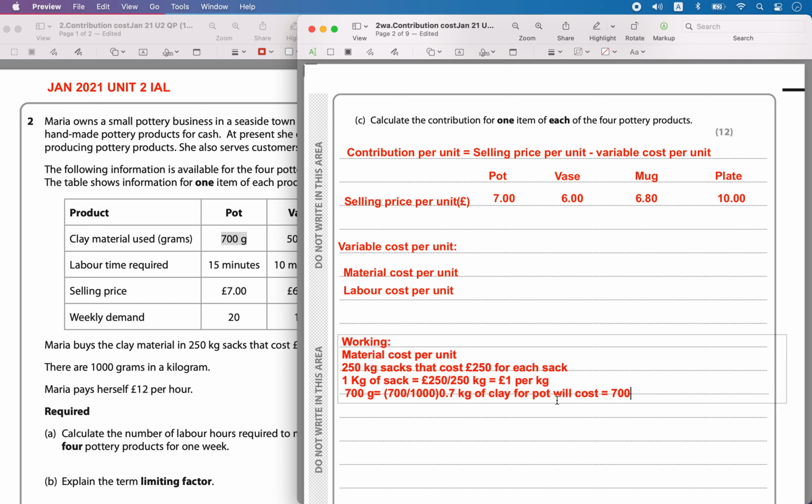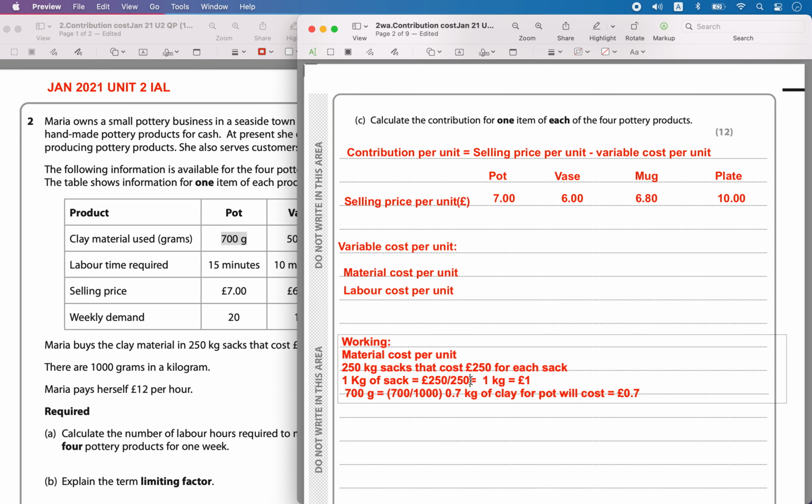So 0.7 kgs of clay will cost 0.7 pounds. Because the price is per kg, we have to convert the grams into kg, and then 0.7 kg of clay material for the pot will cost 0.7 pounds. You just multiply directly here. So 1 kg is going to cost 1 pound. 1 kg is equal to 1 pound.